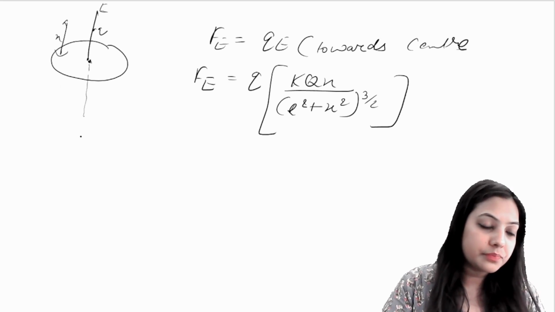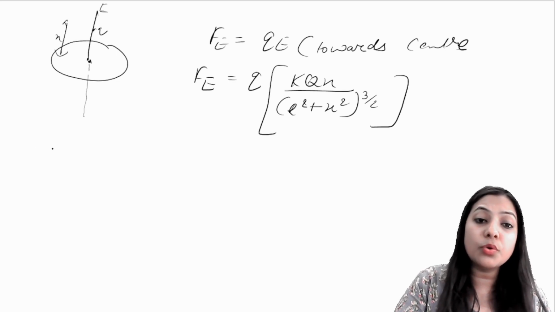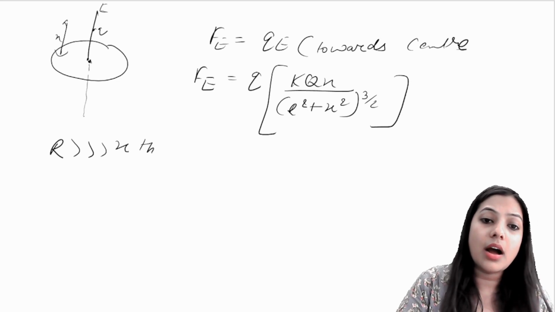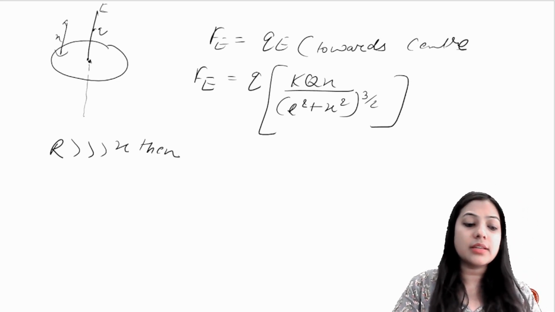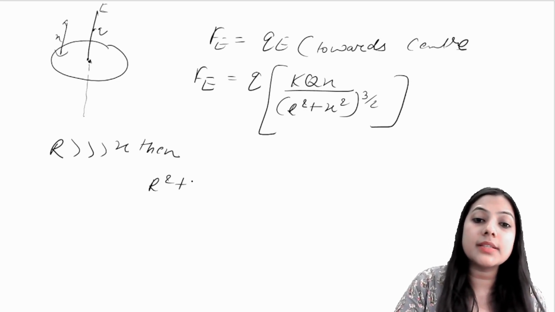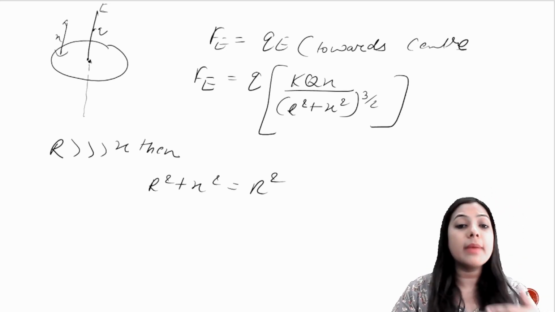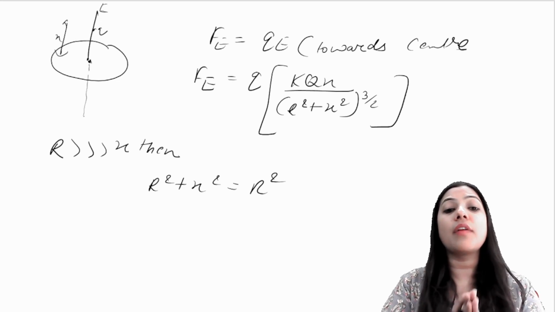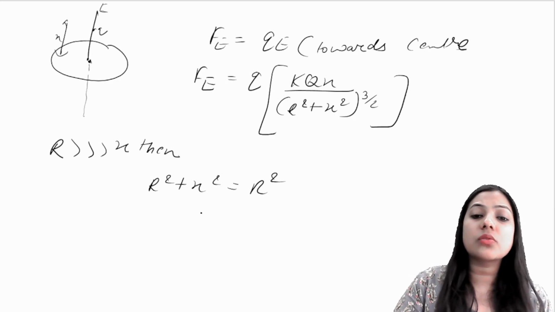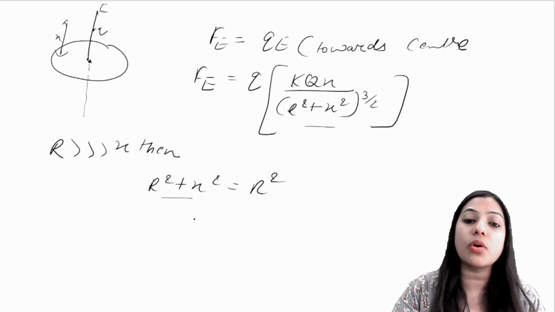But before this, we have to know that R is very much greater than x. So we can assume R square plus x square is equal to R square. Why? Because in comparison to R, the value of x is very small. So we put this value in this equation, and then what do we get?